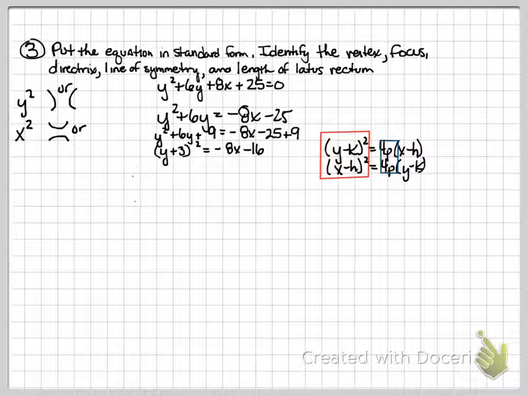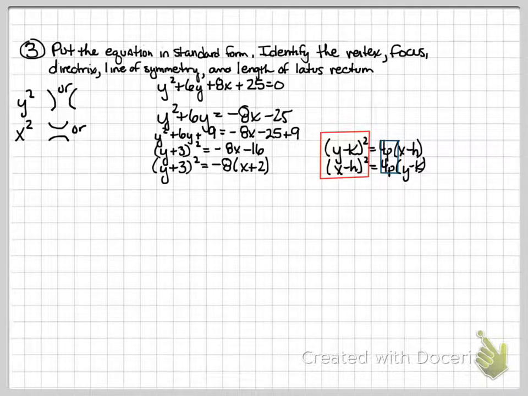So I need to factor out that negative 8. Okay, and once I factor that out, now I have everything I need to be able to graph it.